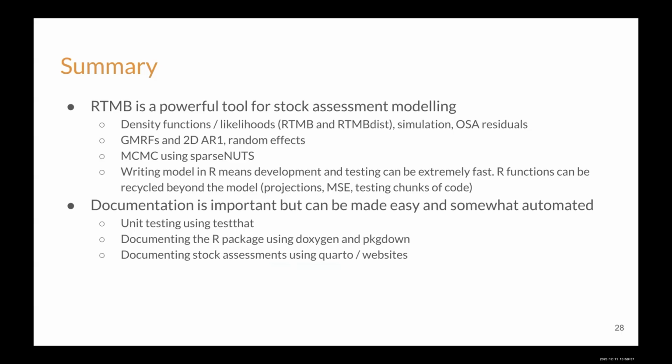RTMB, I think everyone understands it's a pretty powerful tool for stock assessment modeling. But for me, one of the most powerful things has been the workflow and semi-automation of a lot of these features.